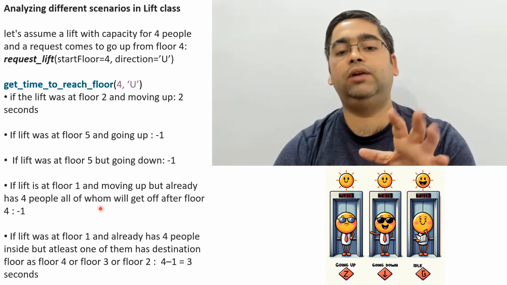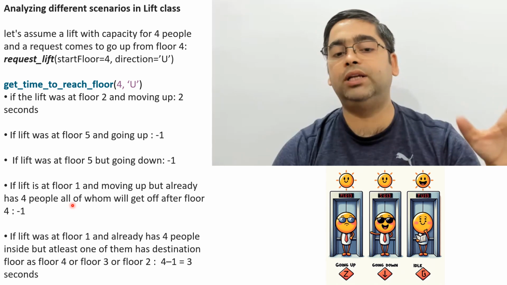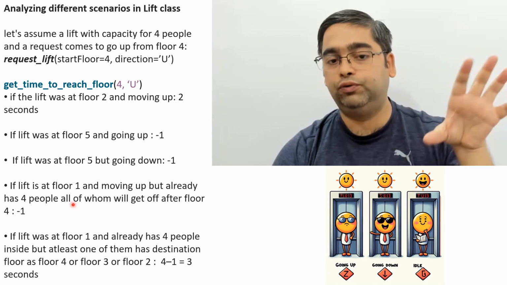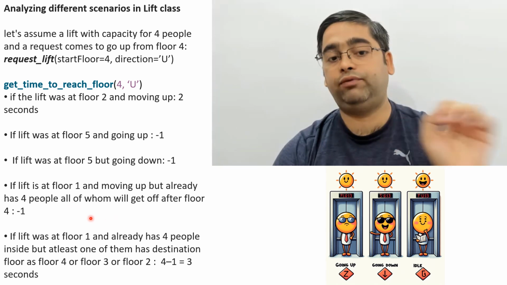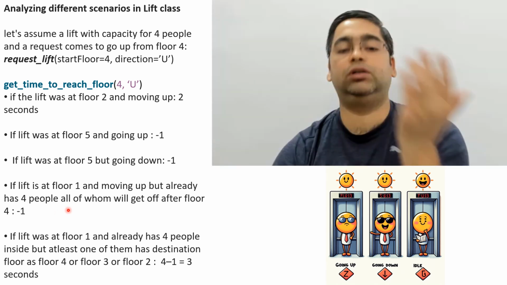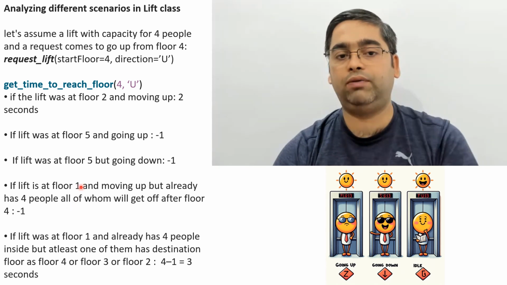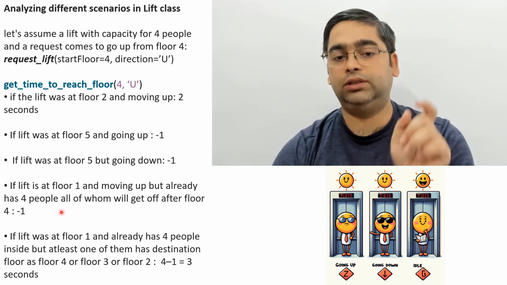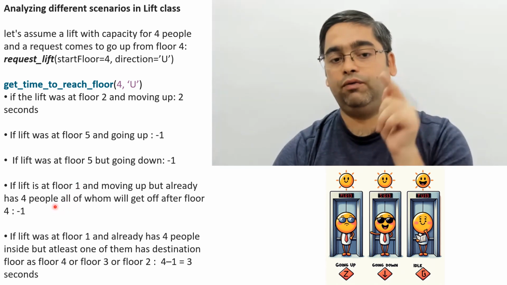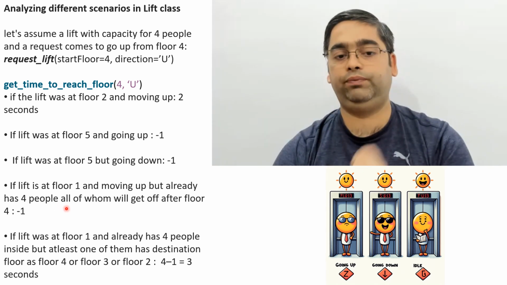Let's suppose another lift which is at floor 1, it is moving up, but there are already 4 people inside the lift, and all of those 4 people will get off after floor 4, so at floor 5, 6, 7, 8 or something like that. Again, this lift also cannot be assigned that request. Why? Because the lift capacity will be full. It will already have 4 people when it reaches floor 4.